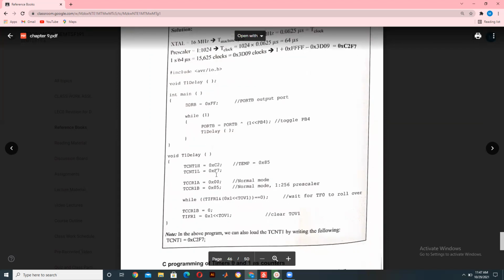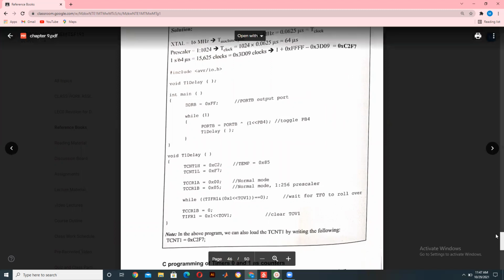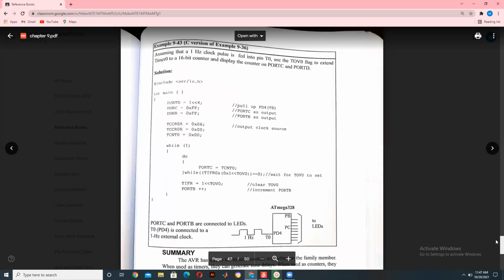Higher would be C2 and lower would be F7, and that would be the only change. Other than that, the previous code would be the same.